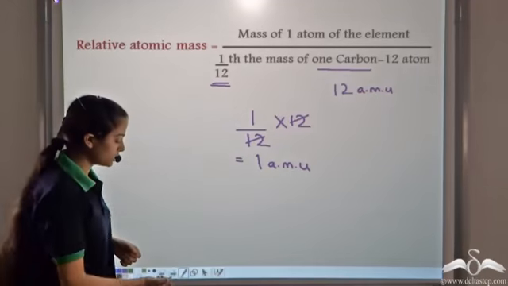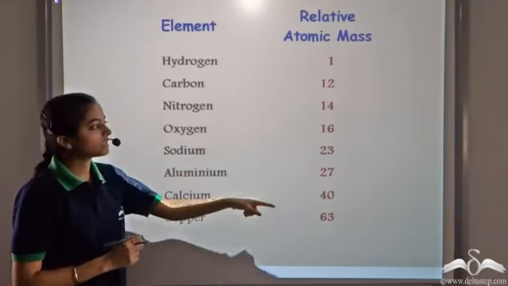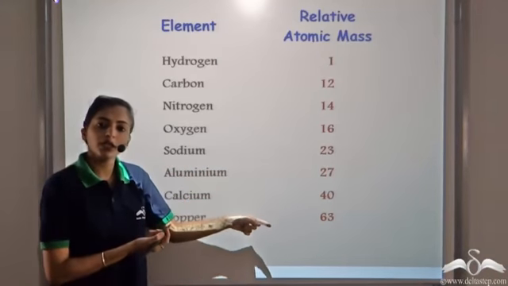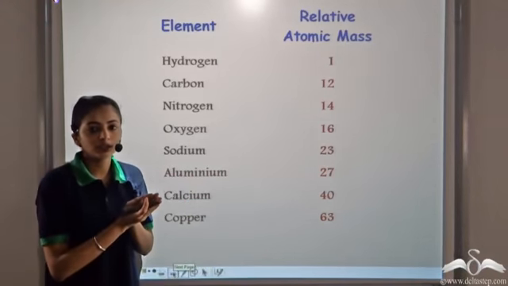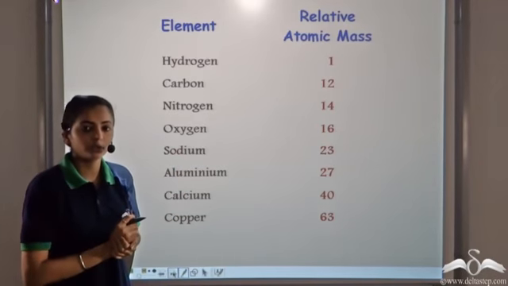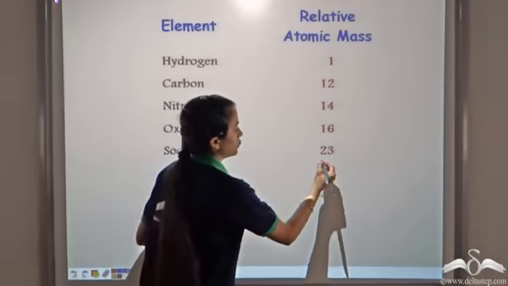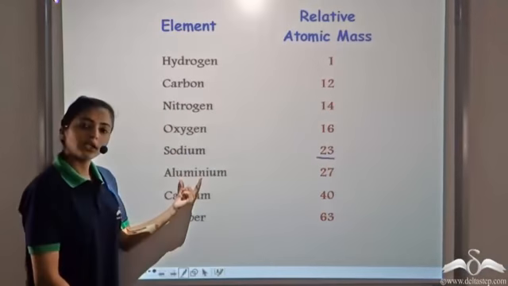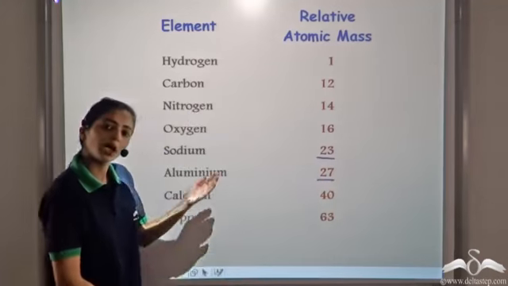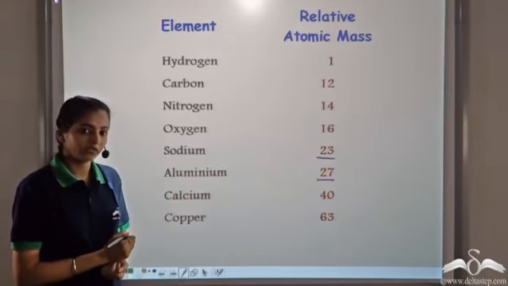So when we use this formula and we calculate the relative atomic masses, we see that all the denominators which were 12 are now removed, since we removed the number by using 1/12 the mass of one carbon 12 atom. So we get the mass of sodium equal to 23, the relative atomic mass of aluminium coming out to be 27, and so on. So these are the relative atomic masses of the different elements.